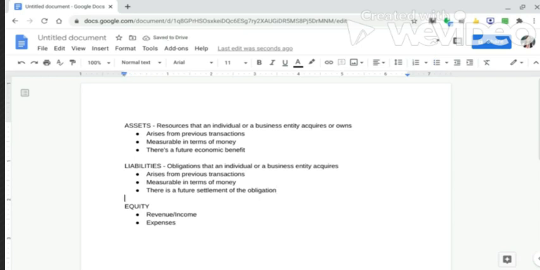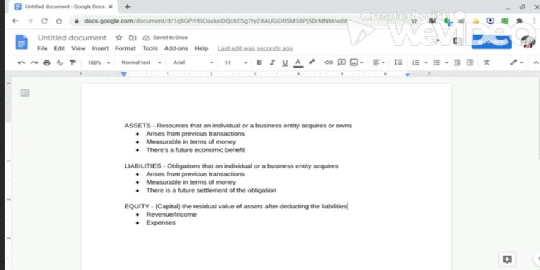So, whatever is the residual or yung natira after deducting liabilities from your assets is your equity. Or sometimes we call this, or other books call this as capital. There. So, the residual value of assets after deducting the liabilities.